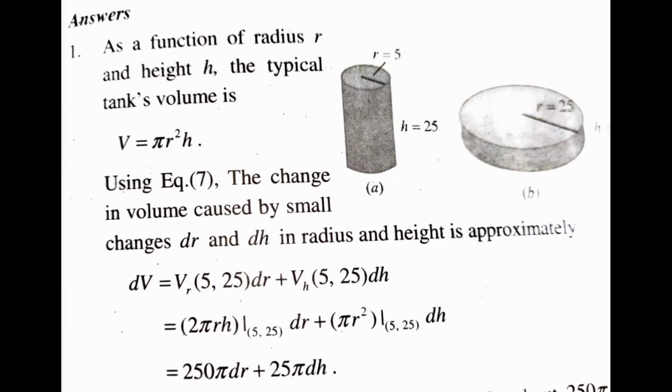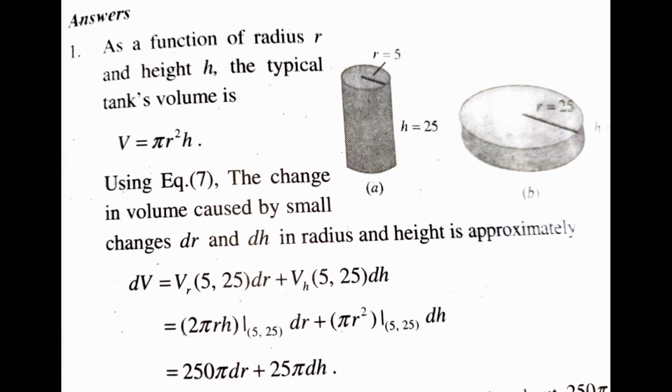As a function of radius R and height H, the typical tank's volume is V equal to pi R square H. The change in volume caused by small changes dr and dh in radius and height is approximately dV equal to V suffix r of (5, 25) dr plus V suffix h of (5, 25) dh.